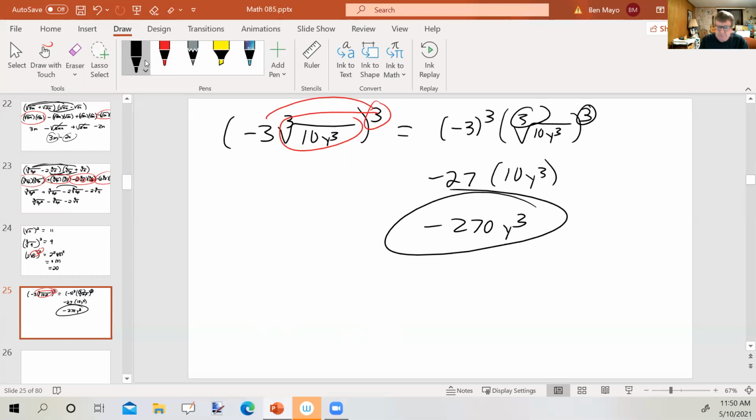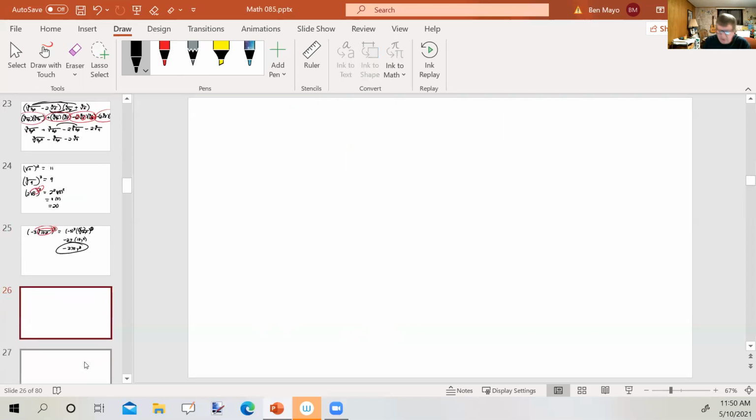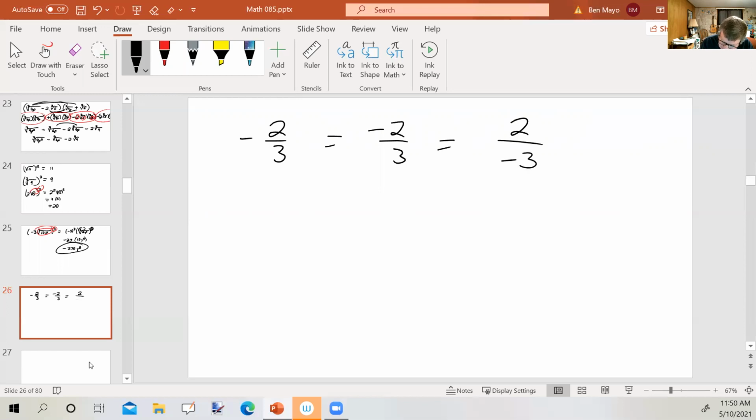All right, now let's go back to arithmetic for a minute. If you have the fraction -2/3, you can write it as -2/3 or -2/3 or 2/3. These are all equivalent fractions.